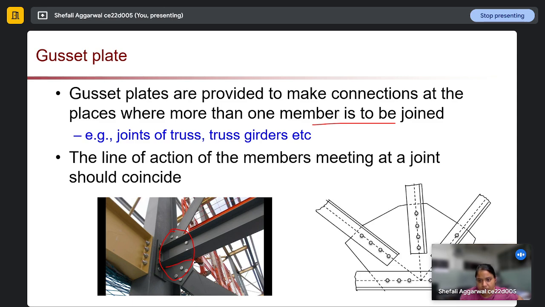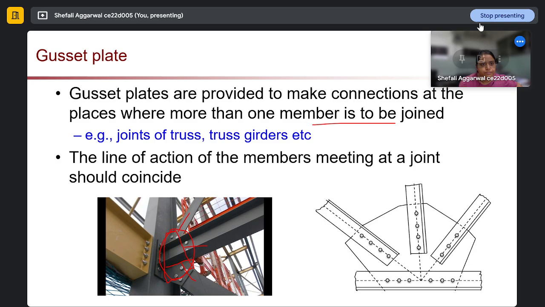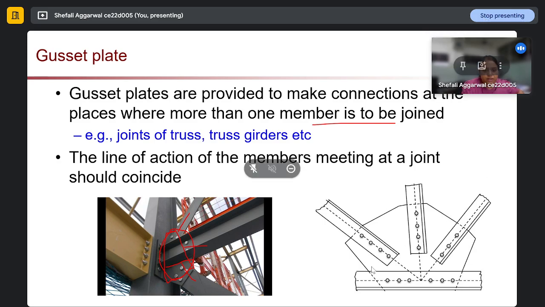This is our gusset plate. We will be joining one member, two members, three members. So this plate is a gusset plate, and it will be joining more than one member.